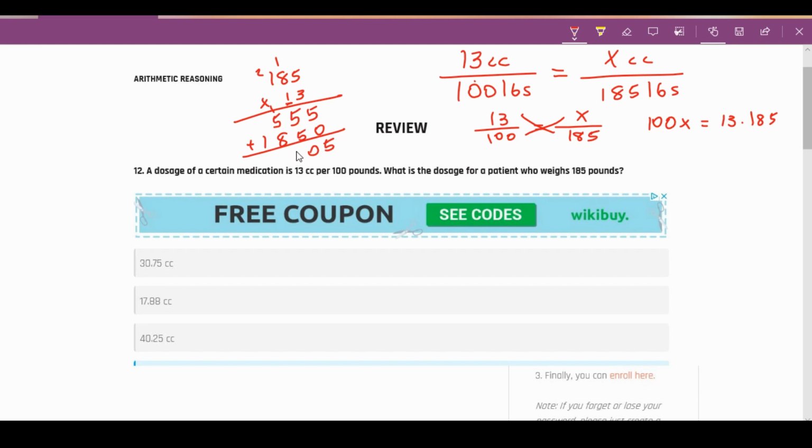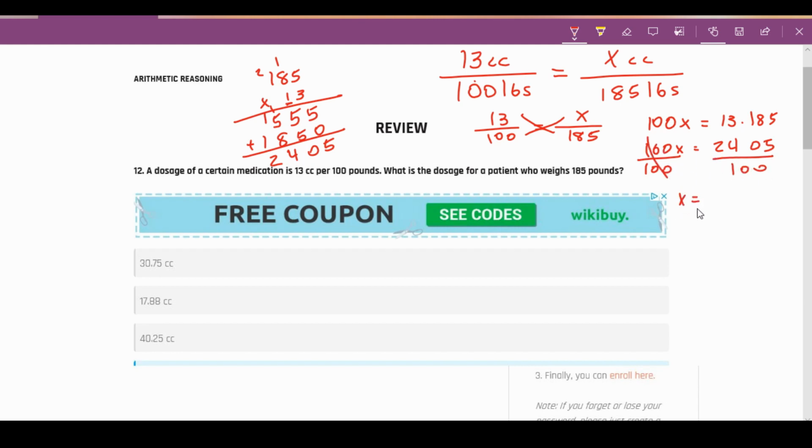Carry the 1. 5 plus 8 is 13, plus 1 is 14. Carry the 1. 1 plus 1 is 2. So we can see that 100x equals 13 times 185, which is the same as 2405. I'm going to divide both sides by 100 to get x by itself.